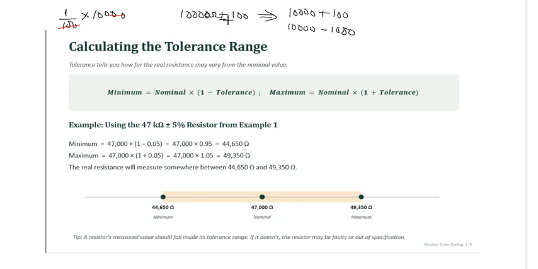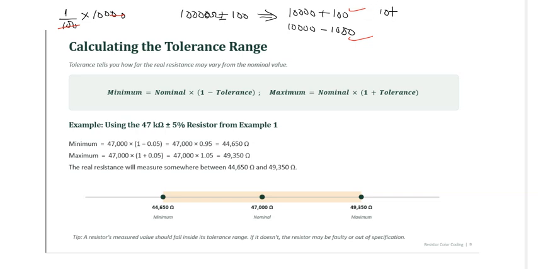So the tolerance range will fall between whatever you get here and whatever you get here. Whatever you get here is going to be the maximum limit, and whatever you get here is going to be the minimum limit. So 10,000 plus 100 will give you 10,100.